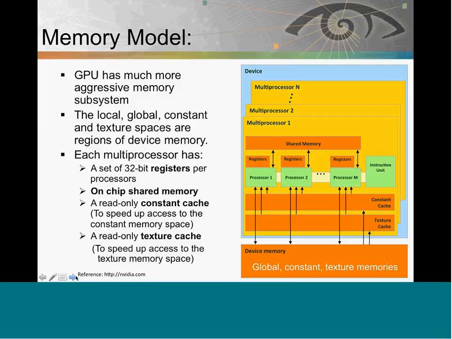Texture memory is also read only. The device memory can be accessed by all the multiprocessors. That means processors in any multiprocessor can access their own memory, and can also access the device memory. But constant, texture, and shared memory are accessible only within the multiprocessor.